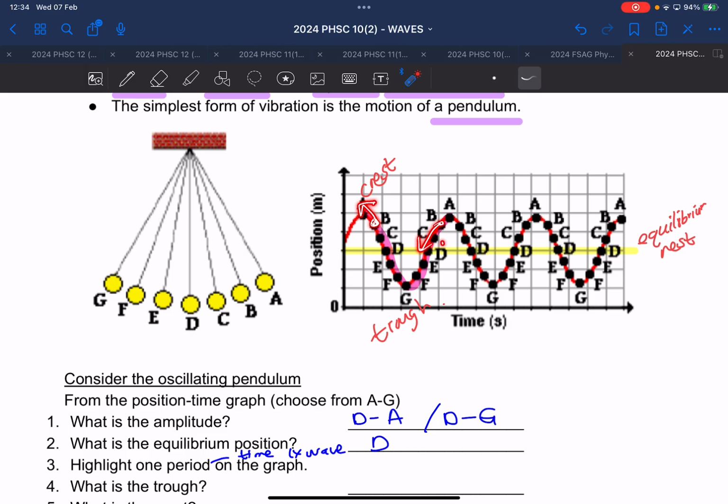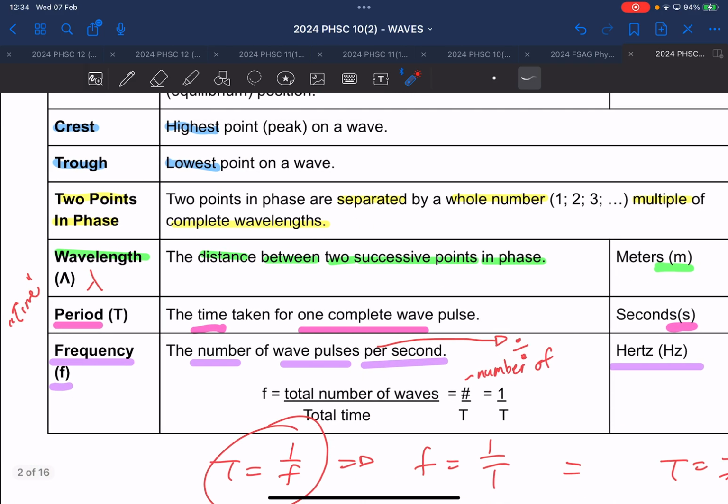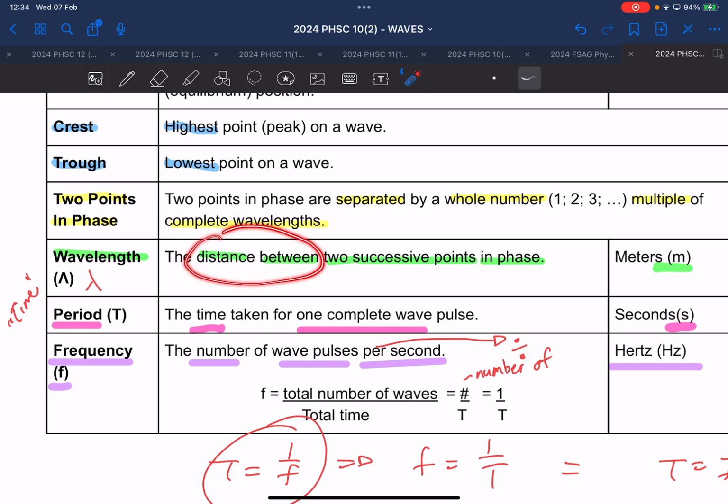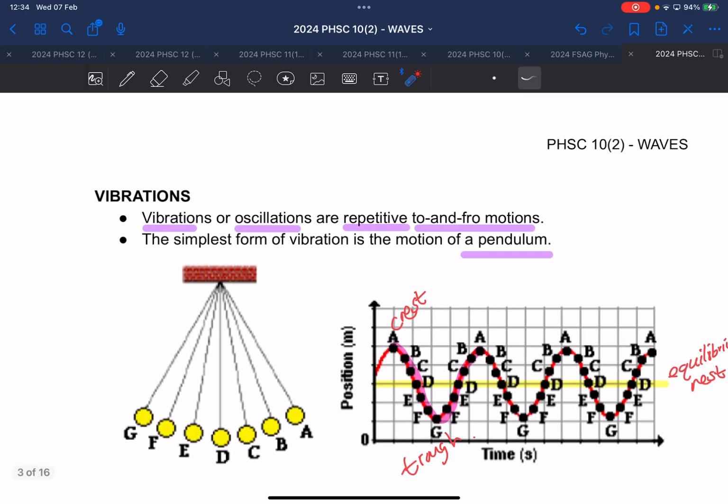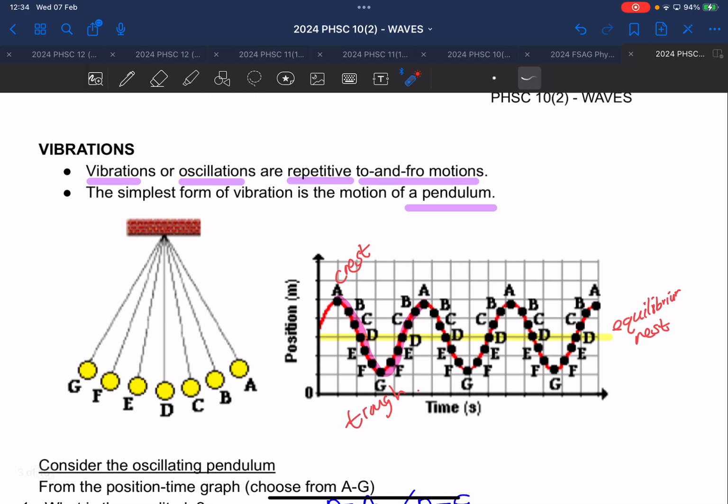So they are out of phase with one another. And we say one wave is the distance between 2 points that are in phase with one another, meaning the next thing that happens to them must be the same. So you can't go from that B to that B, but you can go from that B to that B, because this one will go up next and this one will go up next.